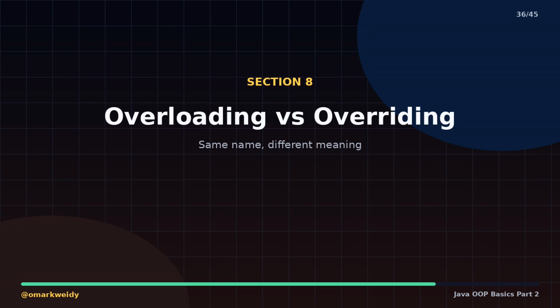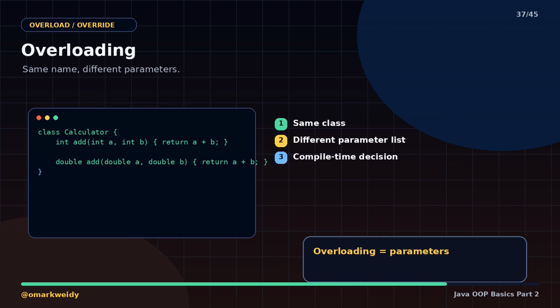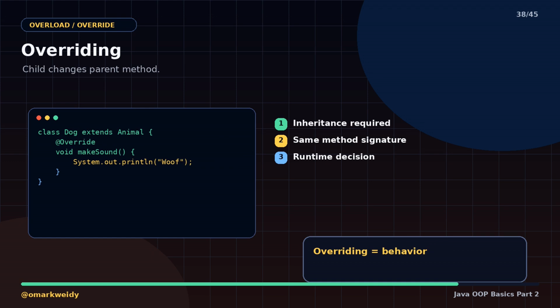Finally, overloading versus overriding. The words are similar, but the meaning is different. Overloading means same method name, but different parameters. It usually happens inside the same class. Java chooses the method based on the arguments. Overriding needs inheritance.